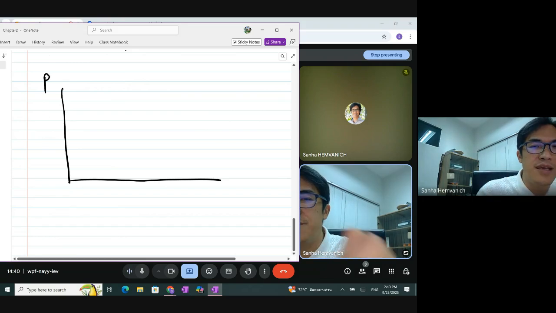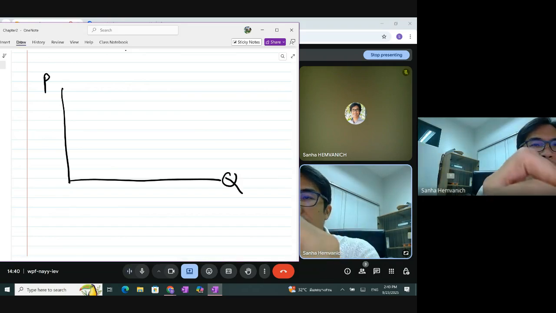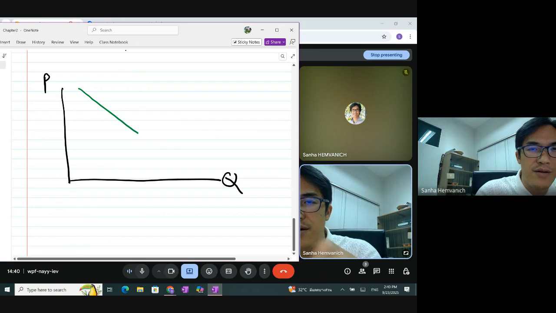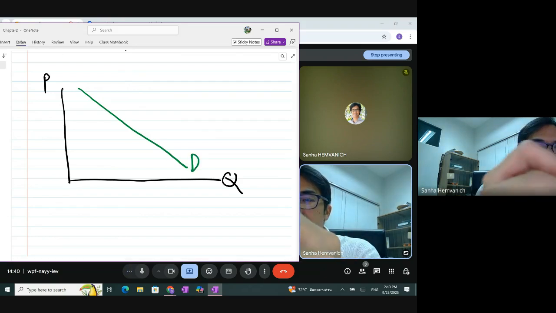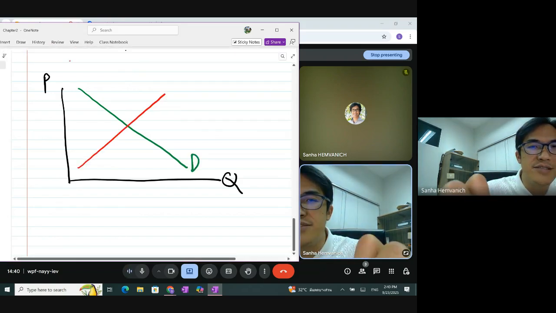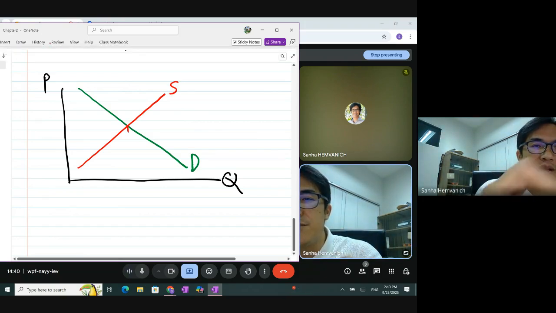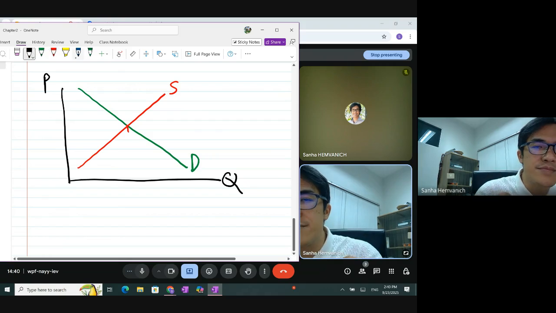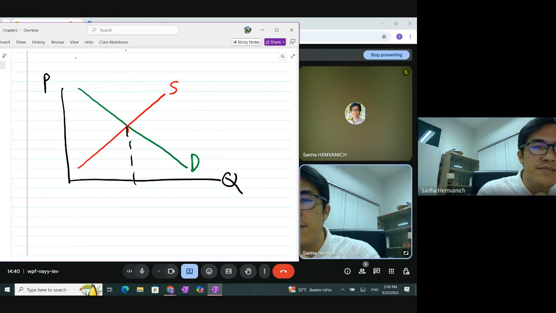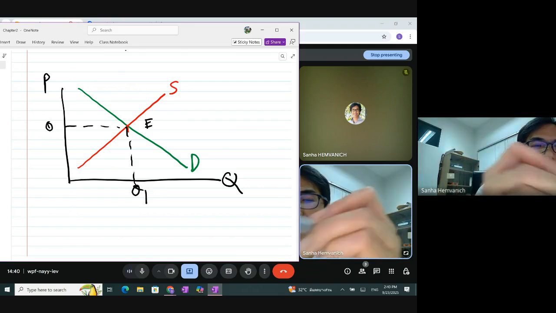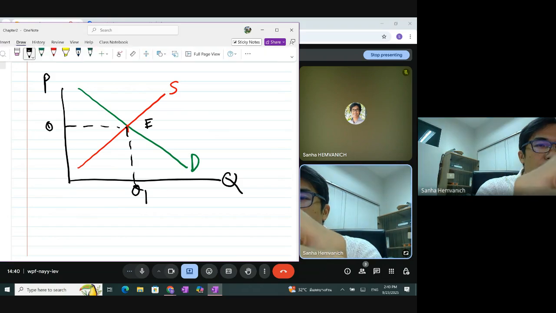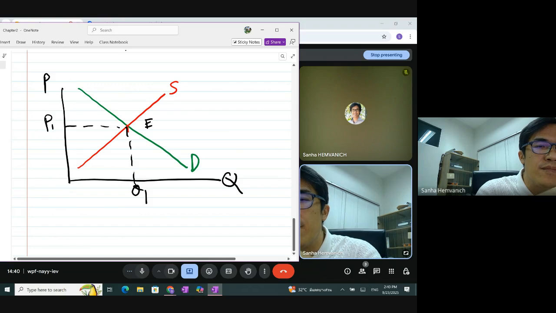So again, that's P and Q, and let's have demand D, and then we have supply S, and then we have the equilibrium at this point, E, with Q1 and P1.